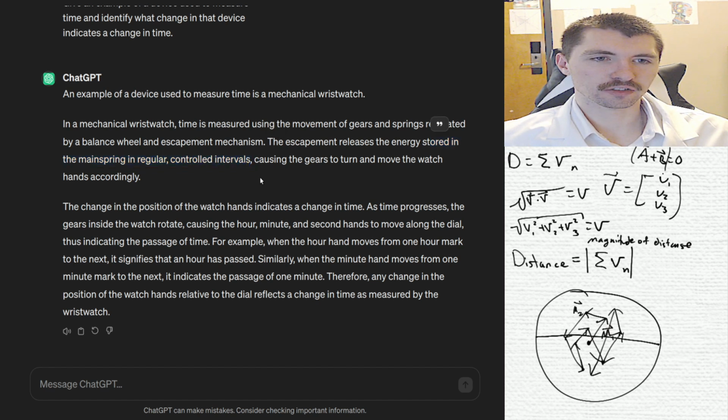So potential energy is released in a controlled manner. As time progresses, the gears rotate.